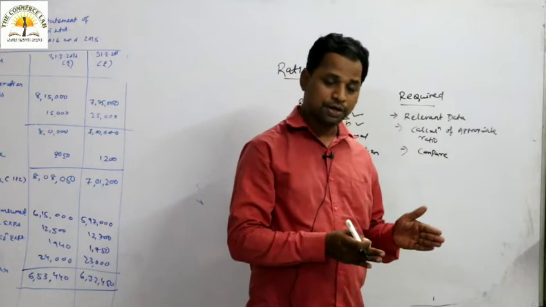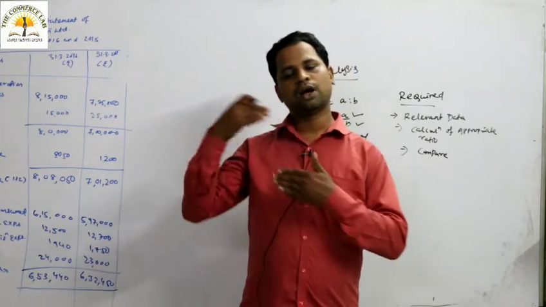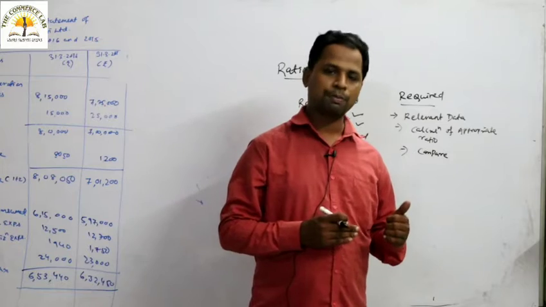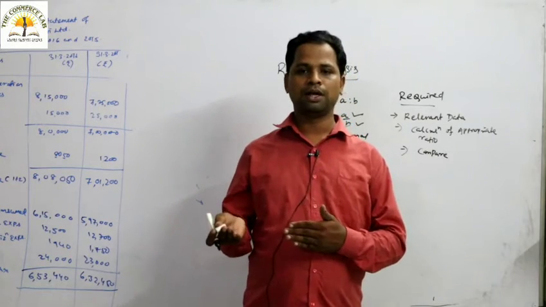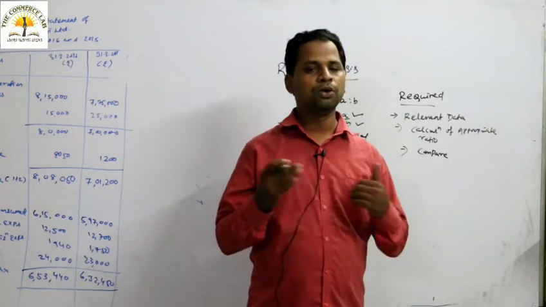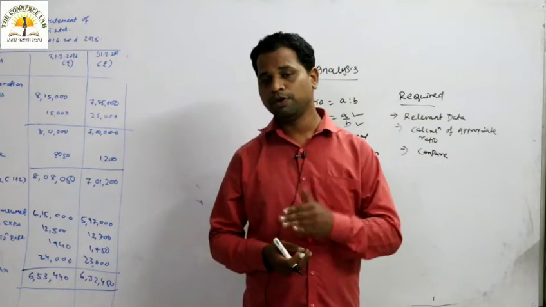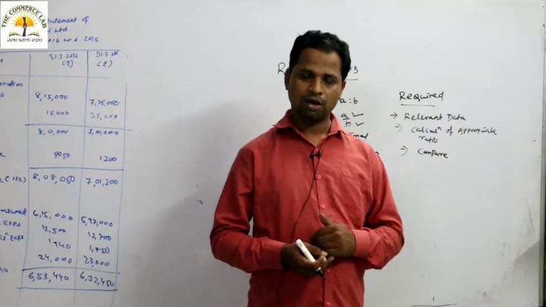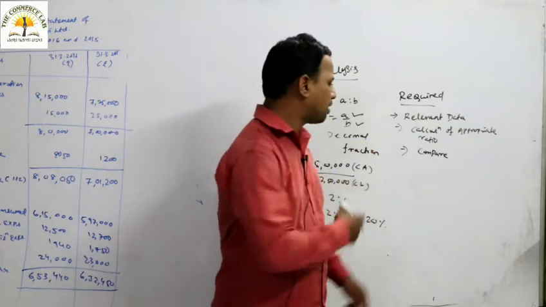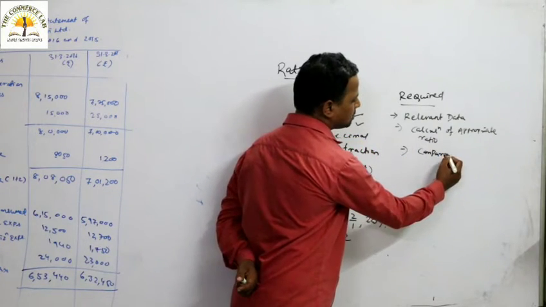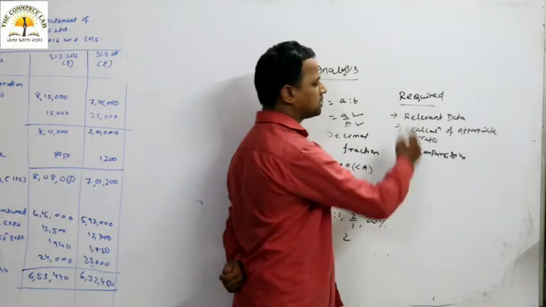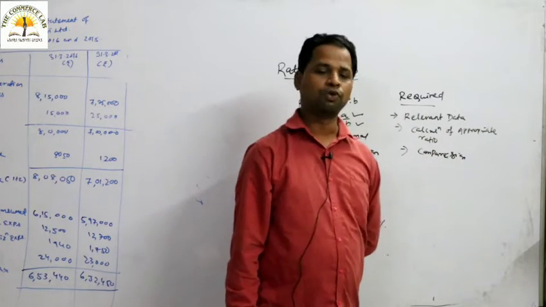You have to compare your company ratio with other company ratio, whether your company performance is better than other firms, or below the other firm. You have to compare whether the ratio is improving from the previous year to this year. Comparison is the third step you have to follow.